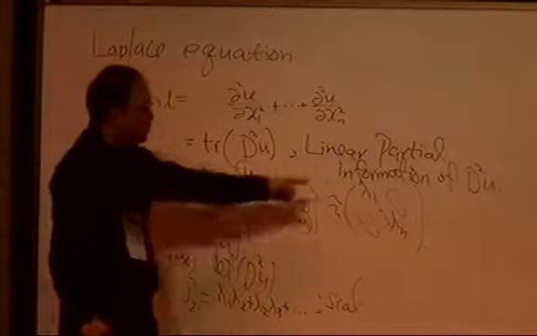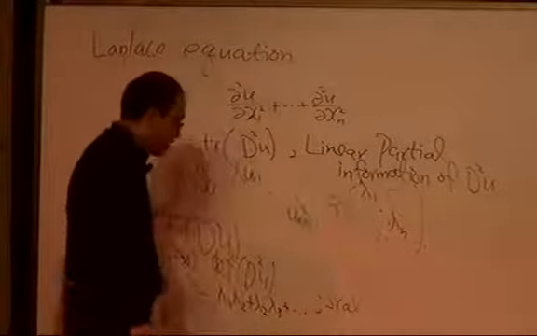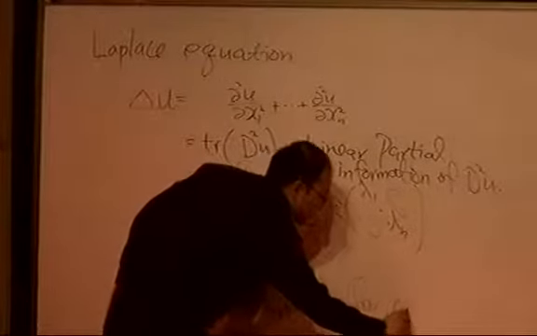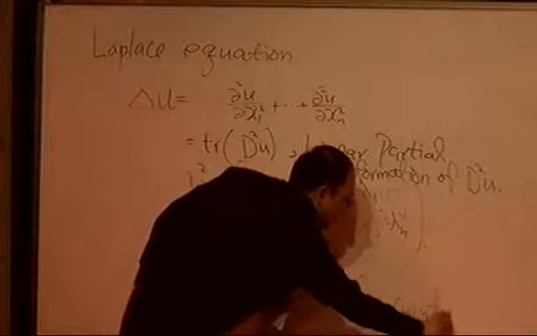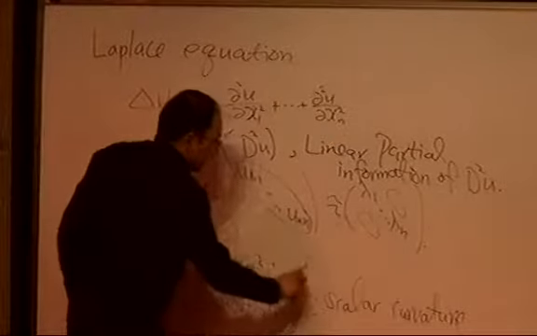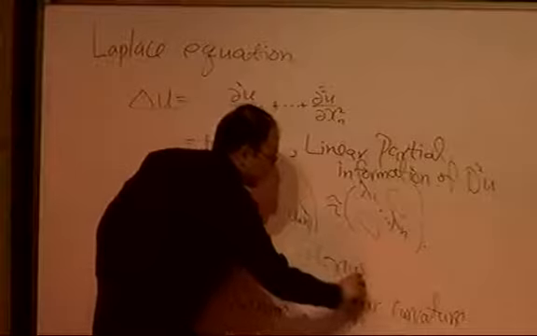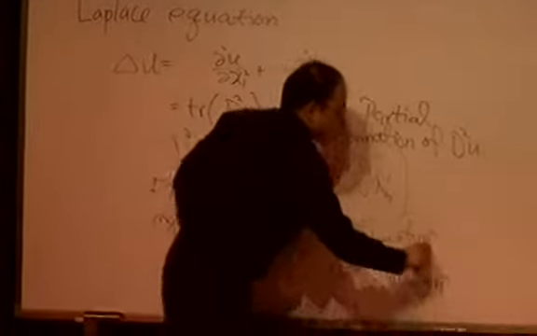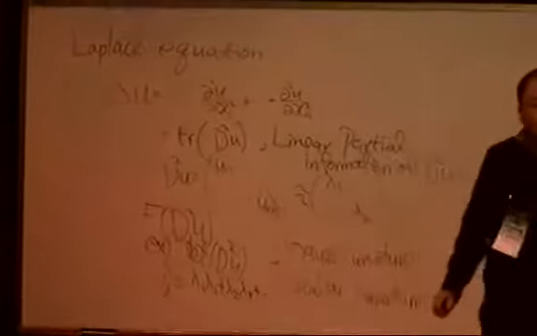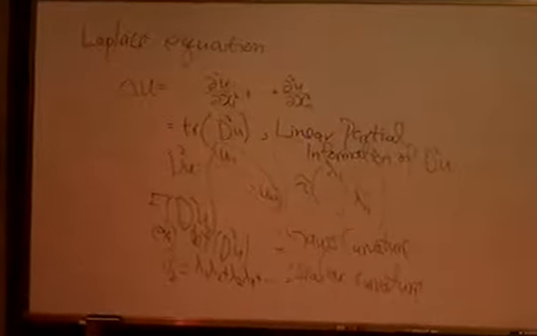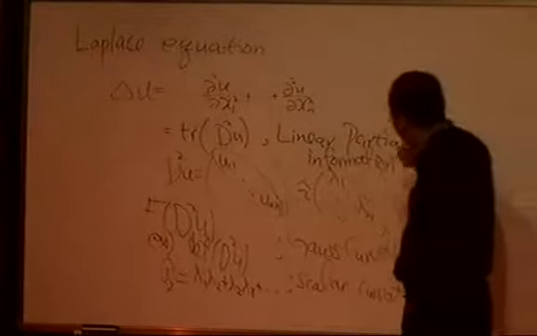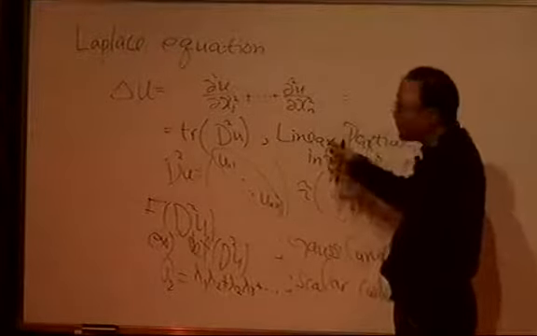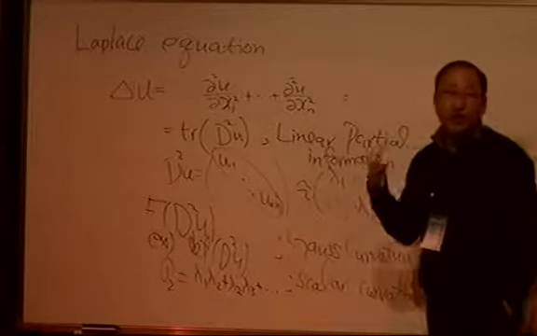If these are the principal curvatures of a manifold, then this one is related with scalar curvature, and this one is related with Gauss curvature. So it is very geometric. Or you may consider the trace, which is invariant under change of coordinates.